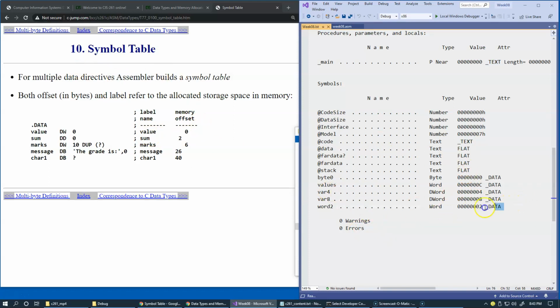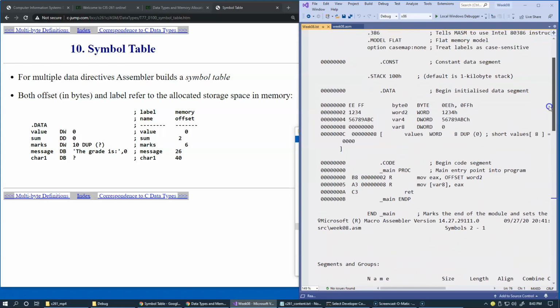So in the lowest portion of it we have the definitions of our bytes, words, double words, and so forth, and you can also see the values that these things are using. Basically, these labels contain these values. So, for instance, word 2 contains 02 here. So if we scroll back to word 2, you see that this is the offset 02, right?